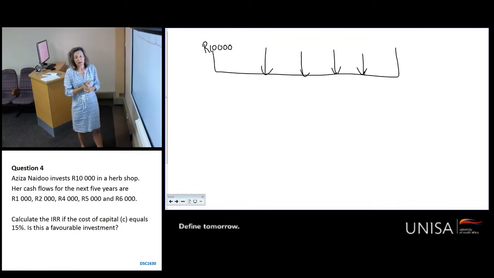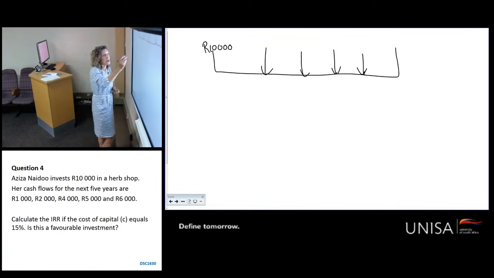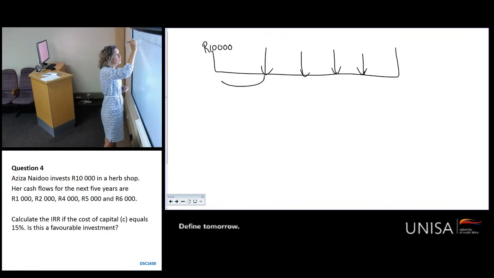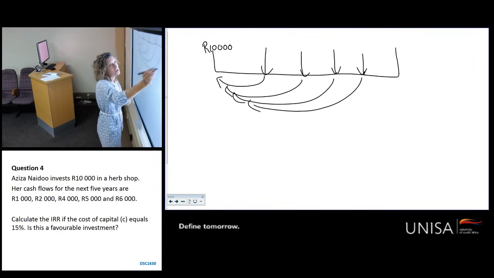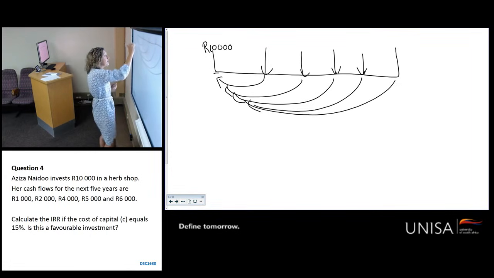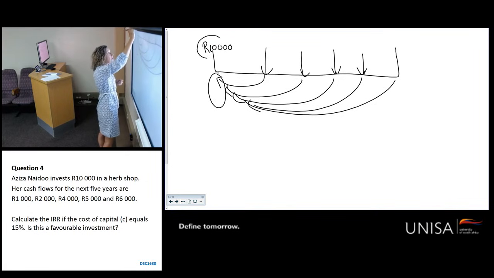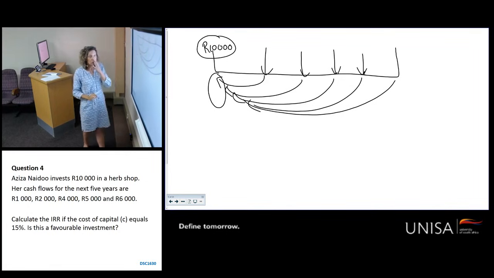And what is the internal rate of return? It says, at what rate will we get these back? So that this value and this value, if we subtract it, will give us an answer of 0. Or we can say we break even.